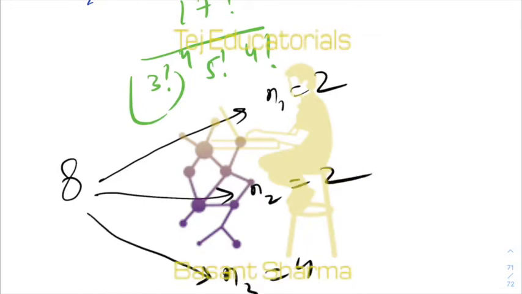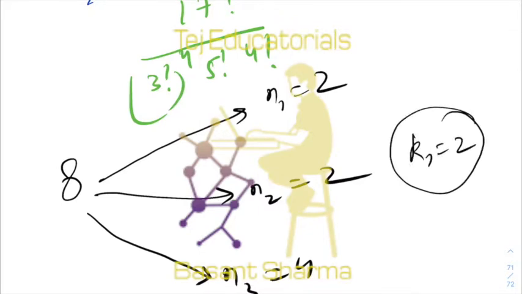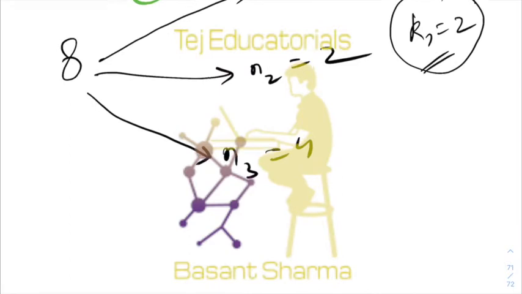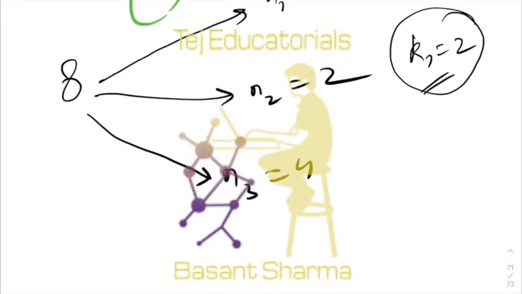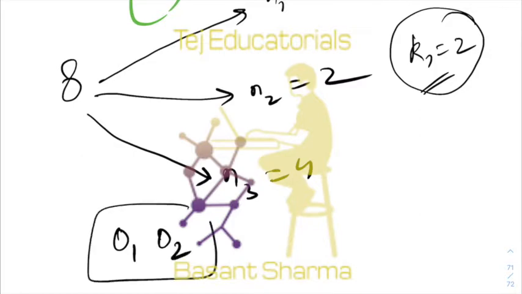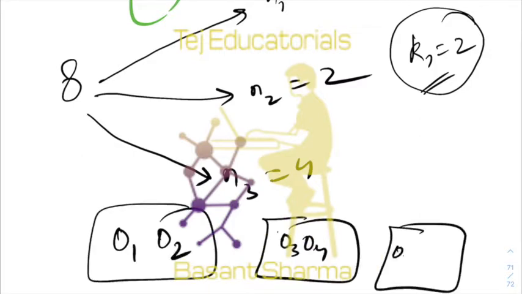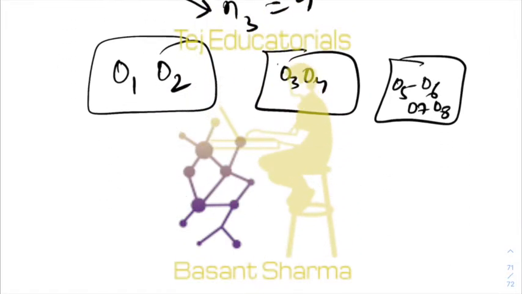So your K1 is 2, that is, you have two groups of size 2. Now, one of the groupings could be this.